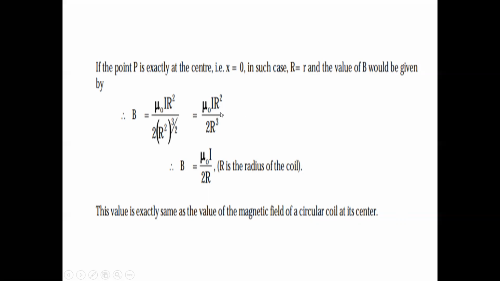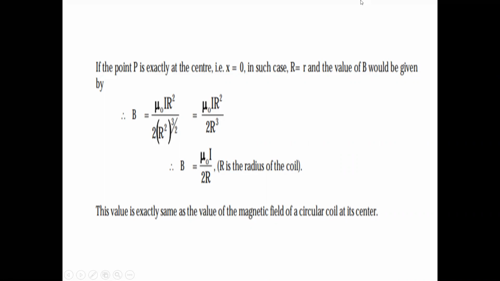Therefore, by cancellation of the radius here, the B value is equal to mu naught I by 2R, where R is the radius of the coil. So this is the expression for the magnetic field intensity at the center of the circular coil.